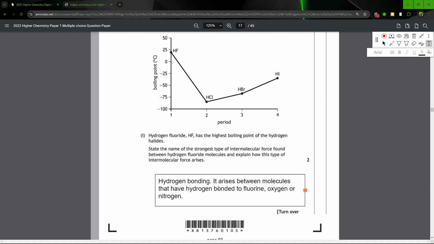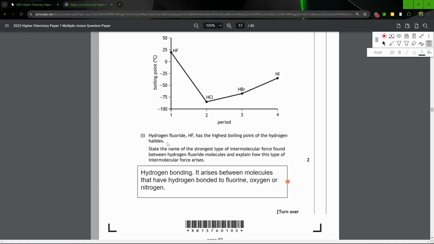And I believe that's all you need to do. Looking at this correctly, yeah, it's good for 2 marks.